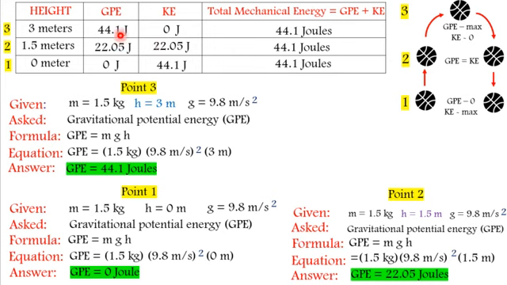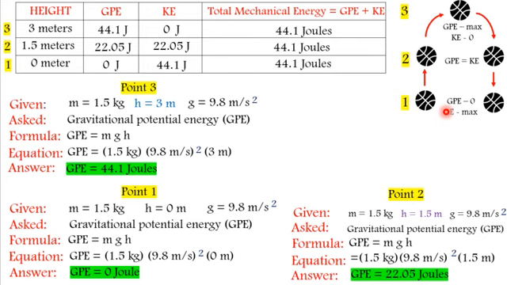So in this table, you will observe that as the height increases from 0 to 1.5 to 3 meters, the gravitational potential energy also increases from 0 joule to 22.05 joules to 44.1 joules. And as the height decreases from 3 to 1.5 to 0, the gravitational potential energy also decreases from 44.1 down to 22.05 and then to 0.